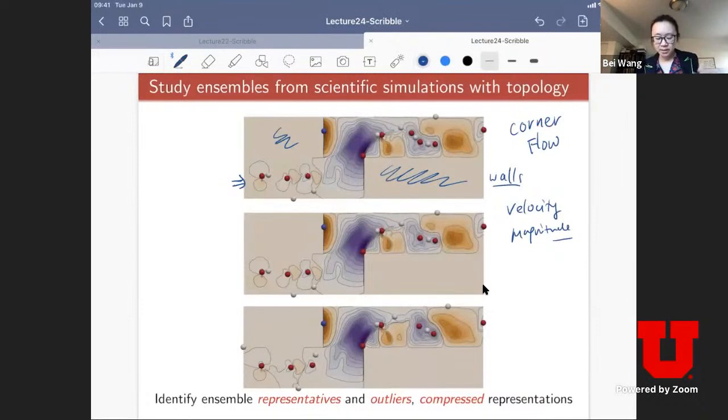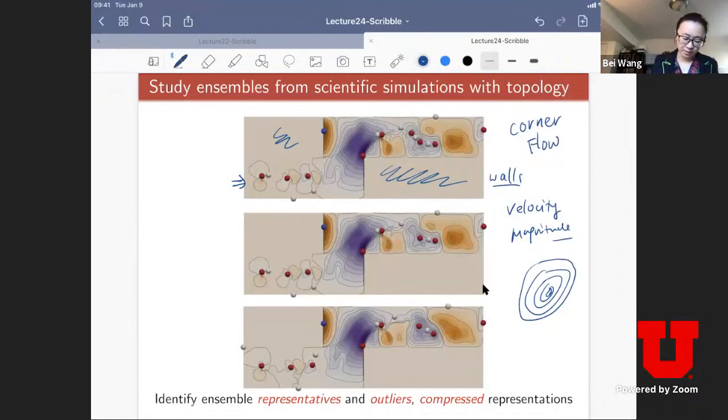Specifically, I'm just looking at the critical points here, only the local maxima and saddles in the scalar field. When you have flow data, you usually see circular patterns that capture some of those flow patterns. But in this particular case, we want an ensemble of the simulation.